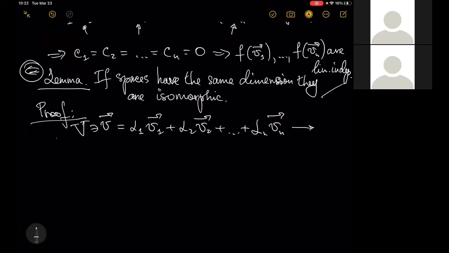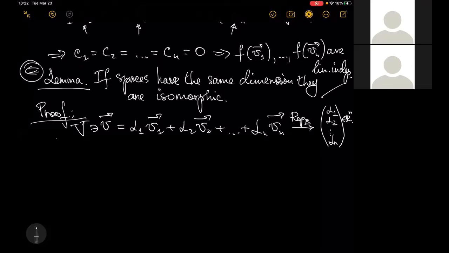But then I can say that I use representation with respect to this basis and form a column vector, which belongs to Rn, right? So I can form a column vector, so one-to-one correspondence onto, so it's easy to prove that this is isomorphism.